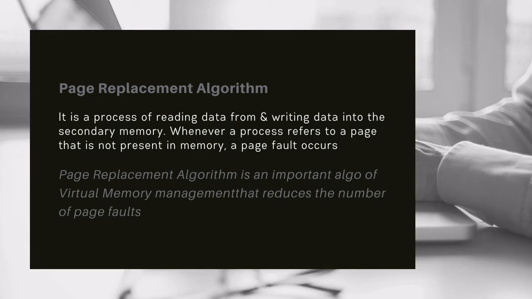The page replacement algorithm is a process of reading data from and writing data into the secondary memory. Whenever a process refers to a page that is not present in the memory, a page fault occurs. The page replacement algorithm is an important algorithm of the virtual memory management, and it intends to reduce the number of page faults.